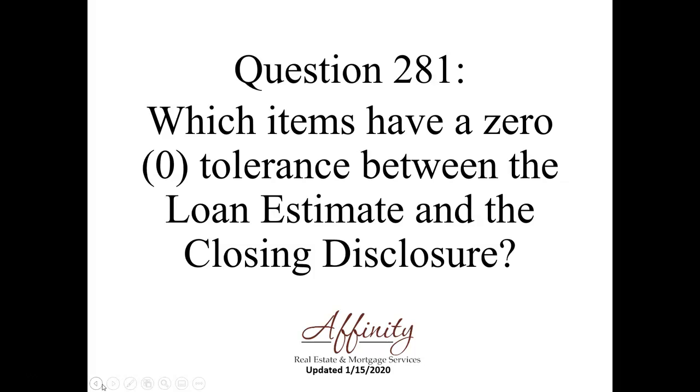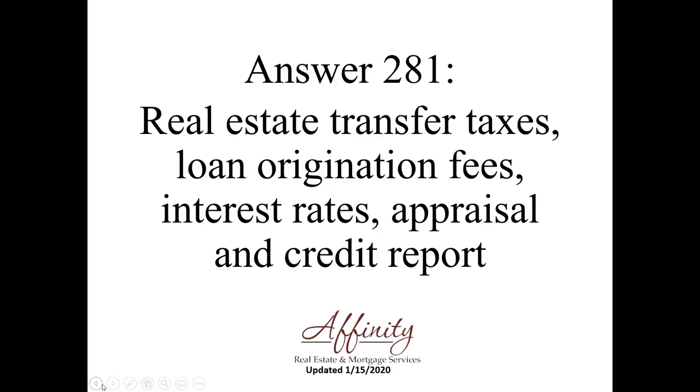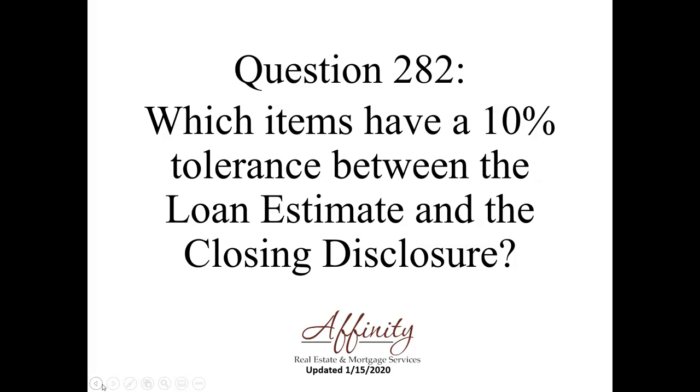Question 281. Which items have a zero tolerance between the loan estimate and the closing disclosure? The real estate transfer taxes, loan origination fees, interest rates, appraisal and credit report fees have zero tolerance from the loan estimate to the CD, closing disclosure. Question 282.